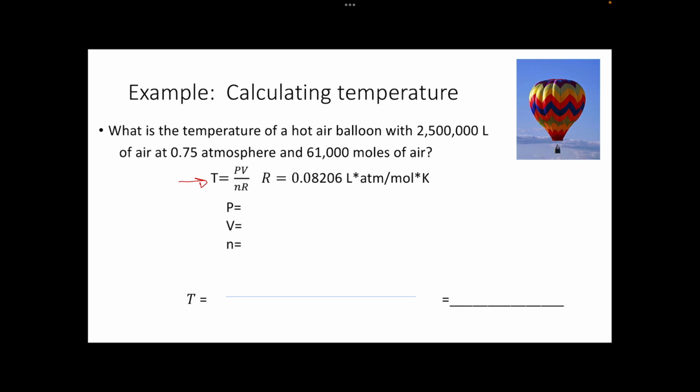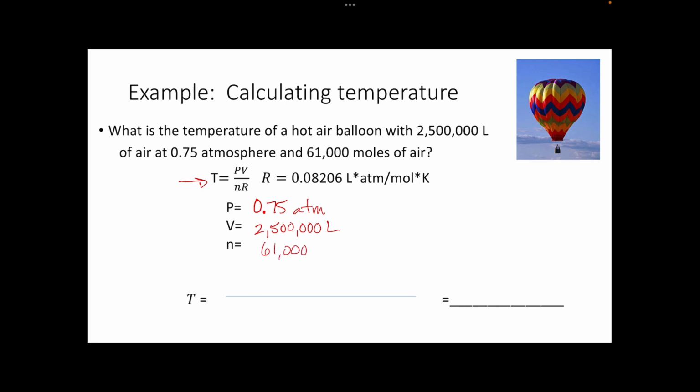The pressure is 0.75 atmospheres, the volume is 2,500,000 liters, and the number of moles is 61,000. This is going to be a lot.